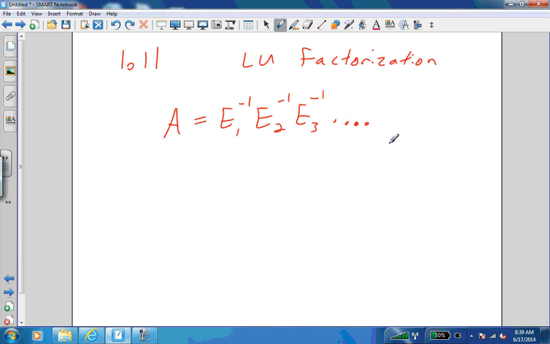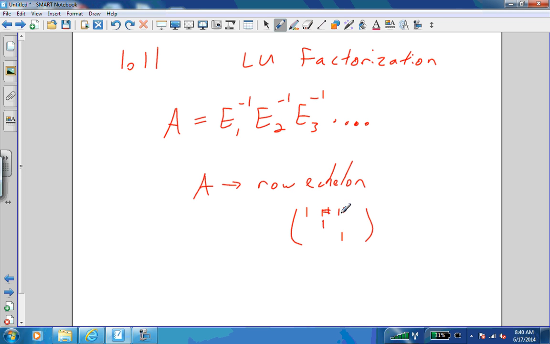Well, it turns out that if we were to just put A in row echelon form, remember row echelon, we have pivots, and typically we get ones in those pivots, but you don't necessarily have to have ones in those pivots.